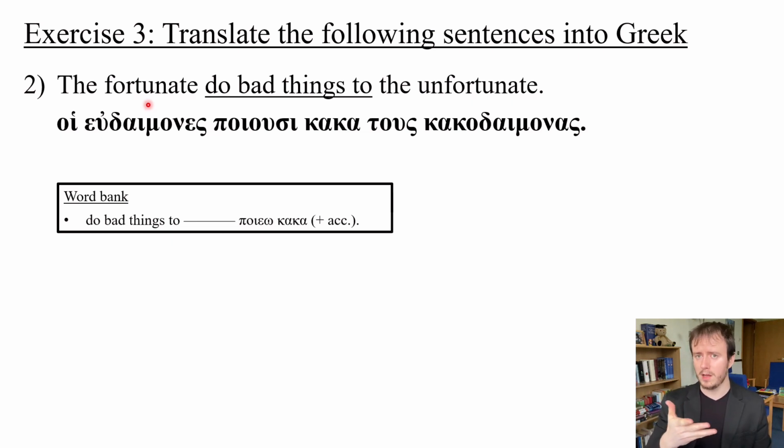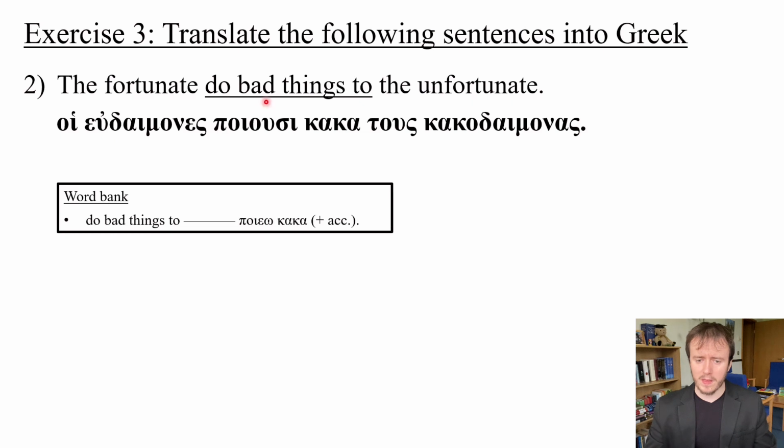What this really means is the fortunate men or the fortunate people in general. And to form one of those in Greek, we take the definite article and we simply put the appropriate form of the adjective after it, which here would be the masculine nominative plural form, because that's the form that we would understand people or men after. So we would say hoi eudaimones for the fortunate.